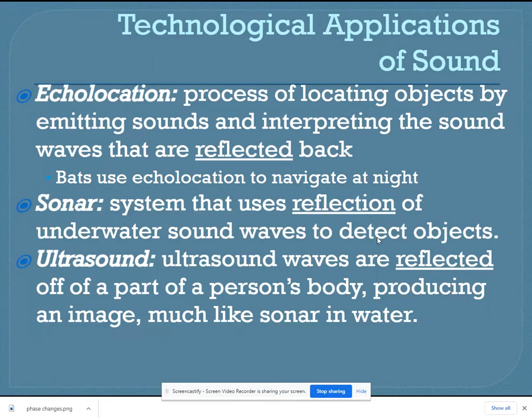And then you have ultrasound or ultrasonic technology. This is when high frequency ultrasound, that's why they call it ultrasound, because it's very high frequency, high pitch, waves are reflected off a part of a person's body, producing an image much like the sonar in water, except in your body.